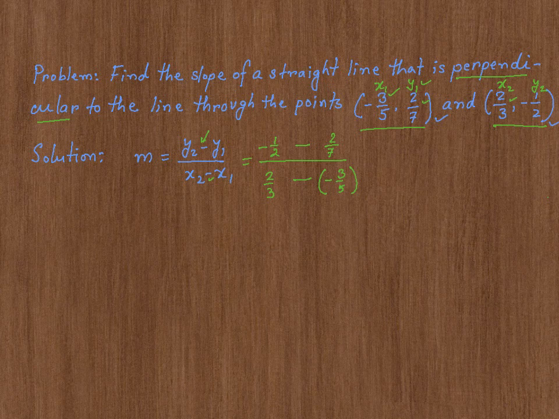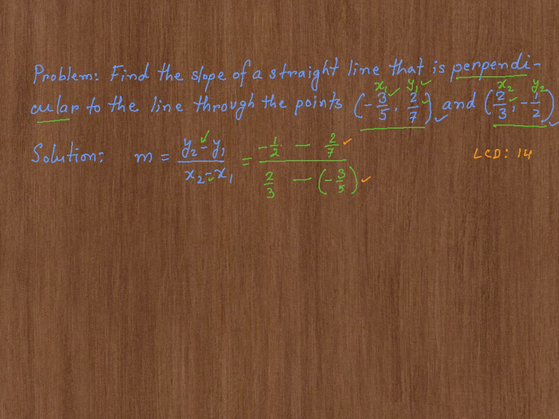Basically, I need to make sure that I have the same denominator here and the same denominators here. In the numerator, I have 2 and 7 in the denominators, so LCD of 2 and 7 is 14.